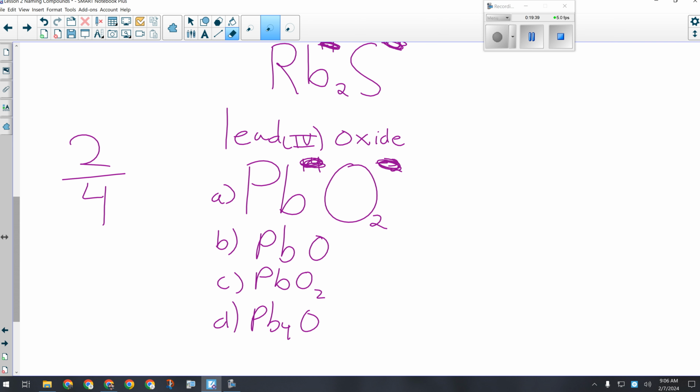Like what if I had calcium and sulfur, would I write Ca2S2? No, this is already balanced, right? I got a +2 and a -2. I only need one of each. And those are balanced out and happy. So know that you do need to always make your ionic compounds in their lowest terms after you drop and swap.